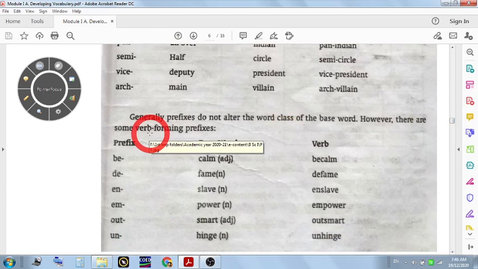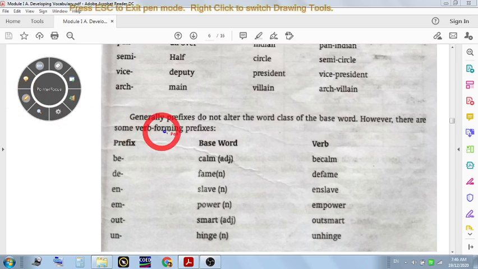The feature of prefixes is that they generally do not change the word class. It means that if the base word is a verb and you attach a prefix to that base word, it does not change the class of that word.